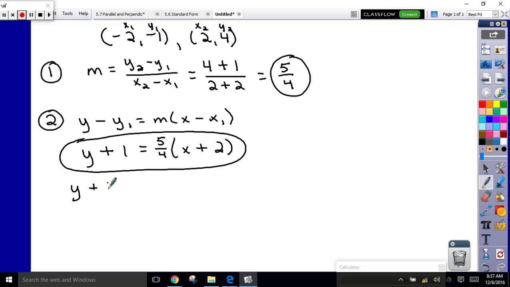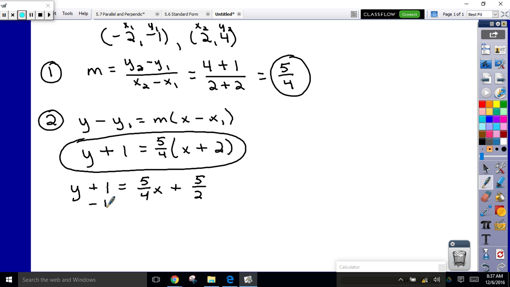Y plus 1 equals 5/4 times x is 5/4 x. 5/4 times 2 is going to be 10/4, which would reduce to 5/2. So I have 5/4 x plus 5/2. Now I'm going to subtract 1 from both sides.